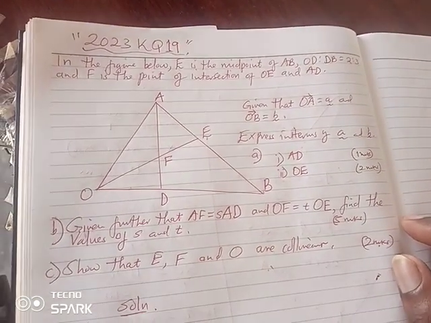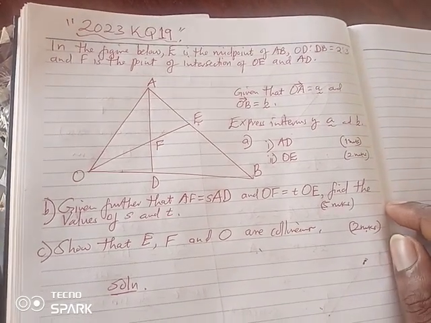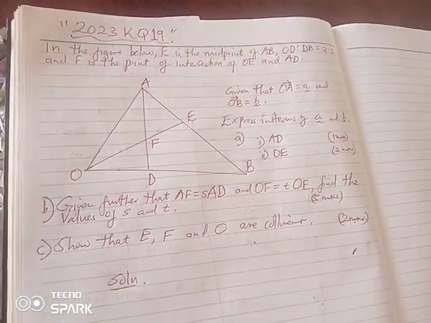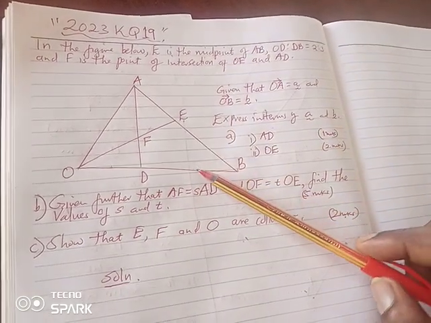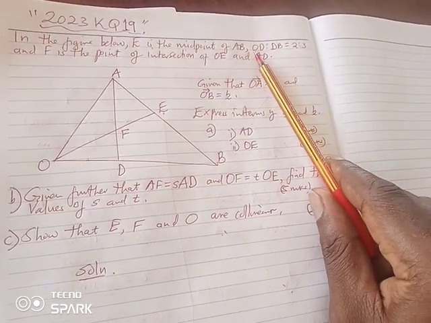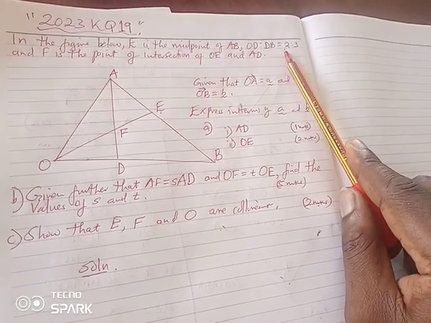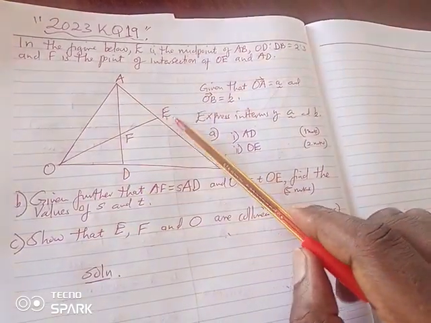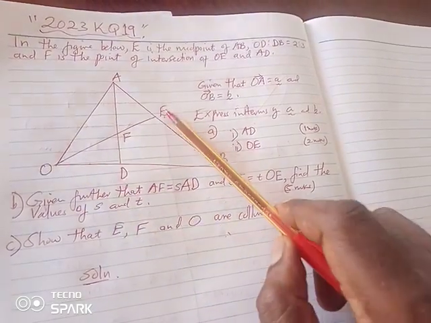With our KCSE 2023 question number 19, lesson 2. So the question reads: in the figure below, E is the midpoint of AB, then OD ratio DB is 2 to 3, and F is the point of intersection of AD and OE.